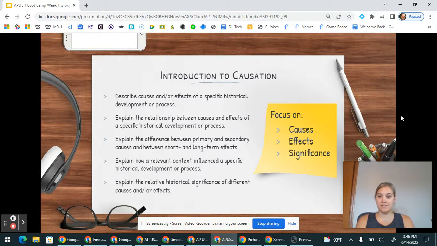How does this cause lead to this? How is this historical development occurring, and why did it occur in the time that it did? And then finally, significance. You want to be able to evaluate that there were these causes, but this one was the most important, or these were the effects of something, but this effect was the most significant.